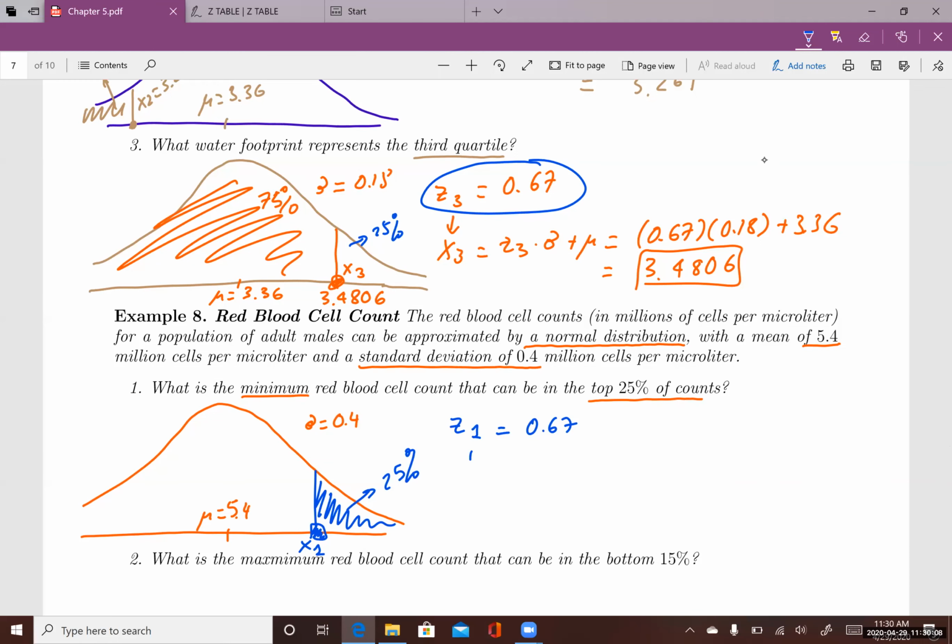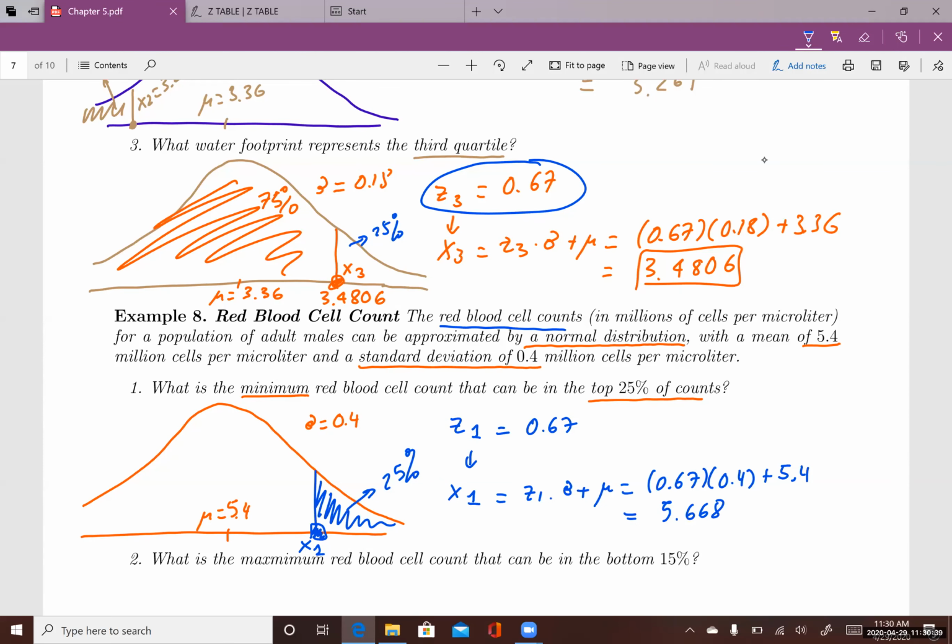And then I can just find the X value, which is the red blood cell count. X equals Z1 sigma plus mu, equals 0.67 times 0.4 plus 5.4, which is 5.668.